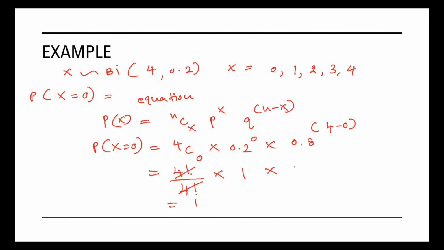And 0.8 to the power 4, when you multiply and get the power, you will get 0.4096. So when you multiply this, the answer will be 0.4096. So this is the probability of getting x as 0.